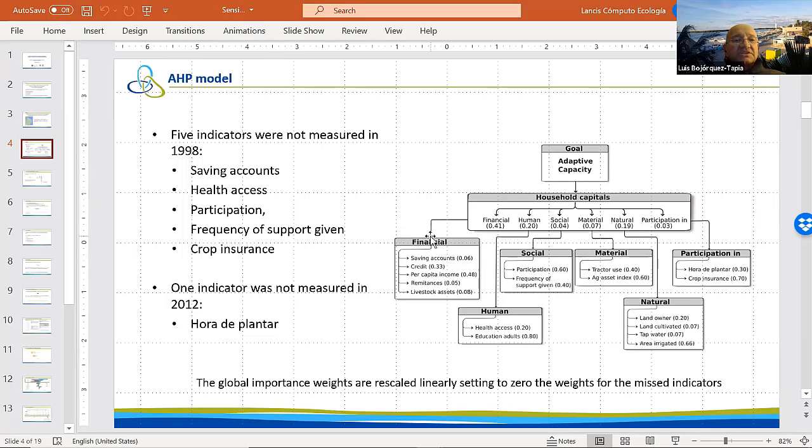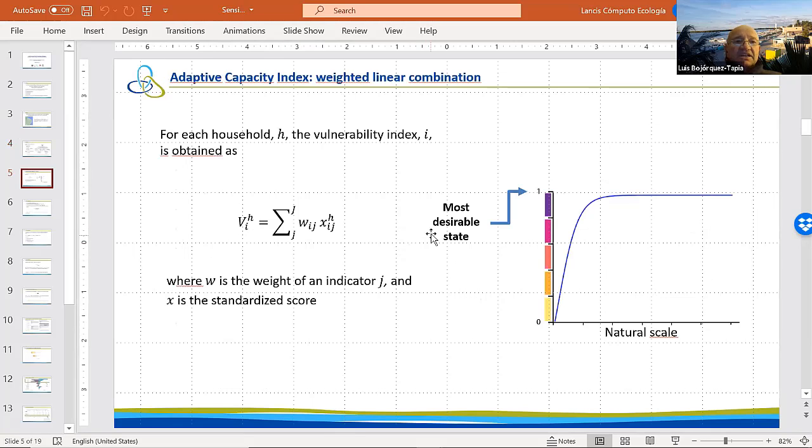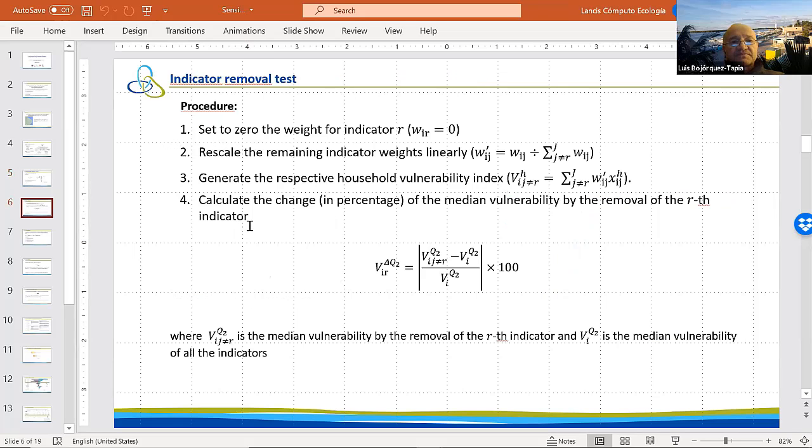We developed the surveys, and for each indicator and each household we developed a value function. A value function is a transformation from the natural scale of the indicator to a value from the ideal state, the best condition for that criterion, to the anti-ideal. And we use a linear combination to obtain a vulnerability value for each household.